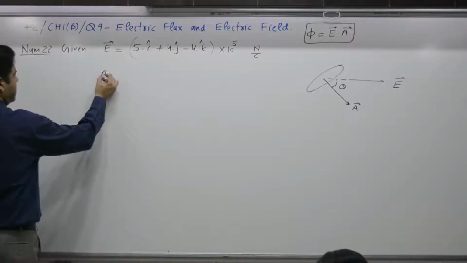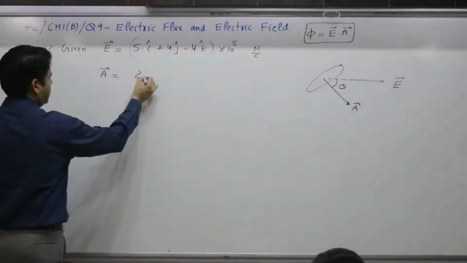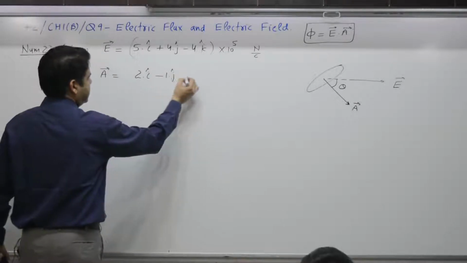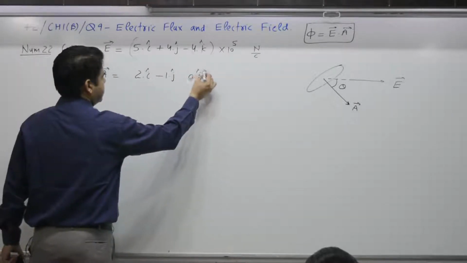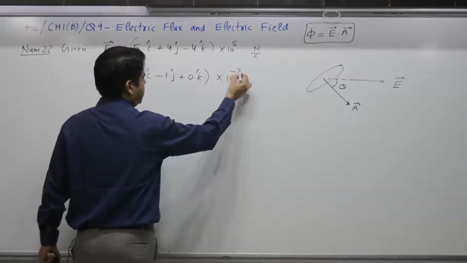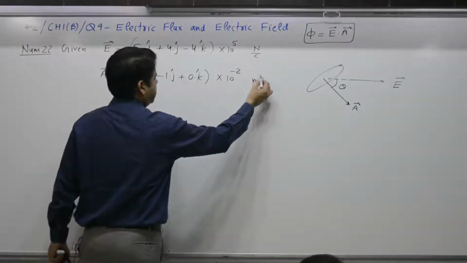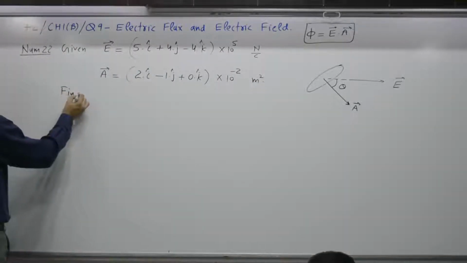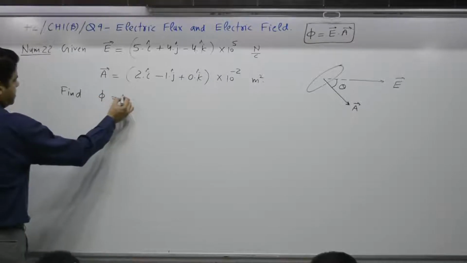Area is 2i minus 1j, k is not there, that means 0k, into 10 raised to the power minus 2 meter square, SI units. You have to find out what? Flux.